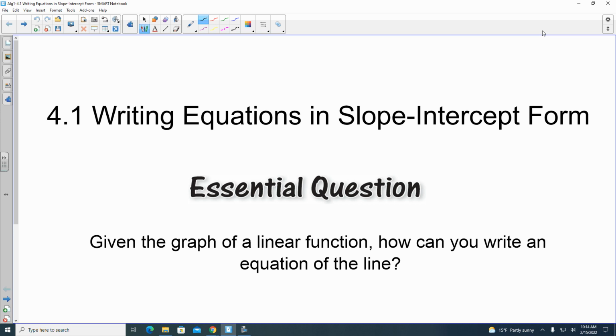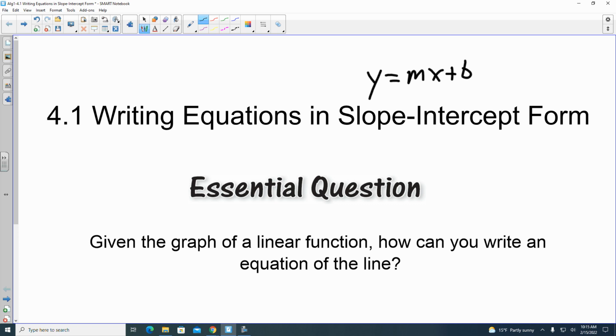In this lesson, we're going to be looking at section 4.1. We're going to be writing equations in slope-intercept form. So sometimes you are going to be given some pieces of information. Sometimes you're going to be given a graph, and the task at hand is to be able to write it in slope-intercept form, which we all recall is y is equal to mx plus b.